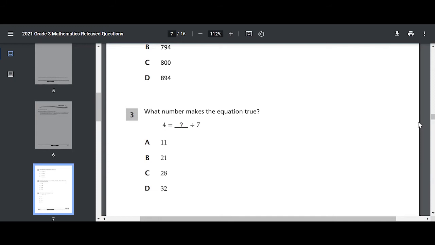I know that the inverse operation for division is multiplication. Therefore, 4 times 7 gives you 28. Answer choice C will be our option for number 3.